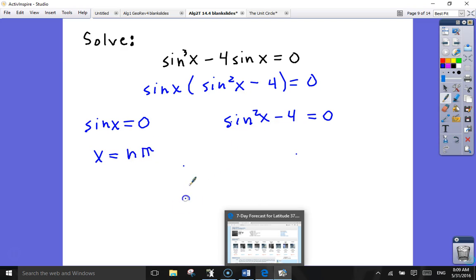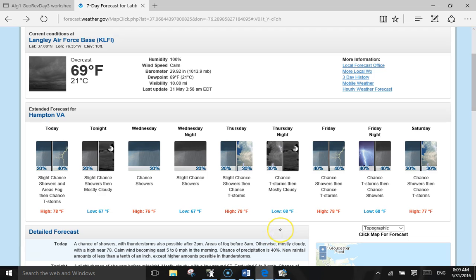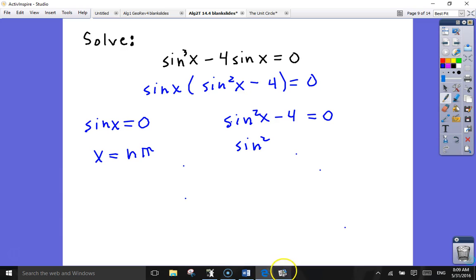Okay, this one we would have to say sine squared x equals 4. That means that the sine of x is plus or minus 2. So when does the sine x equal plus or minus 2?